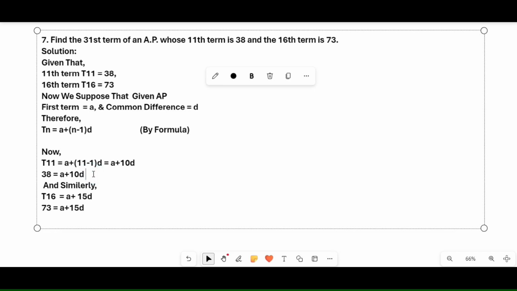We can say this is equation number 1 and this is equation number 2.